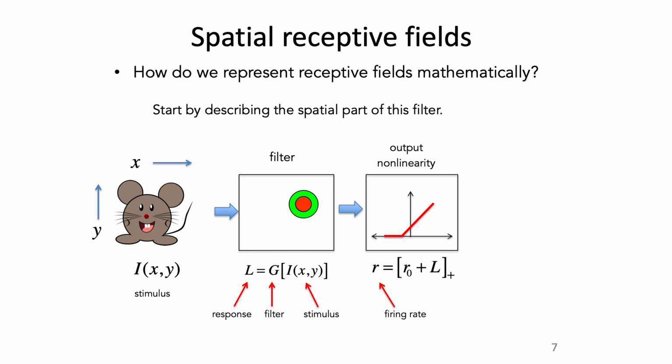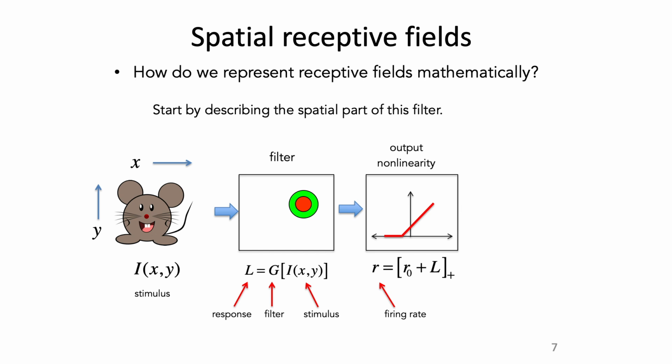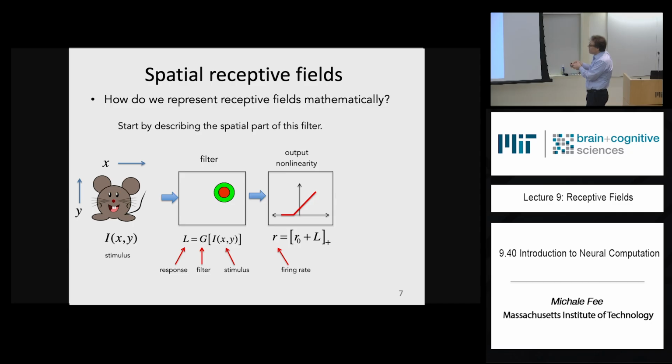So we take the response of the filter L, we add it to some spontaneous firing rate, and we take the positive part of that sum, and call that our firing rate. That would be a typical output nonlinearity. It's called a threshold nonlinearity, where if the sum of the filter output and the spontaneous firing rate is greater than 0, then that corresponds to the firing rate of the neuron.